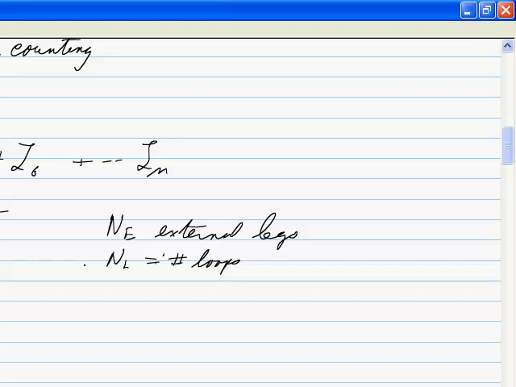And at each of those vertices there, we could use the Lagrangian with powers of n.